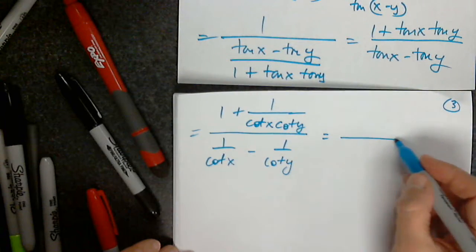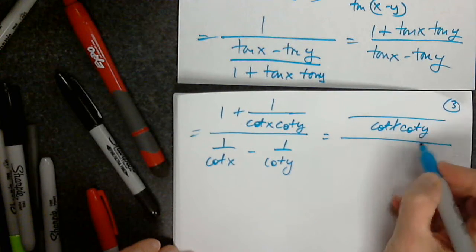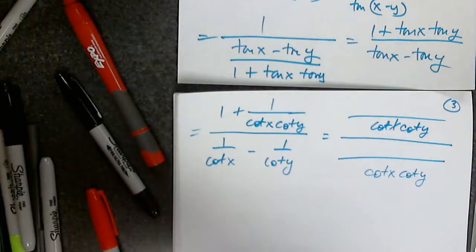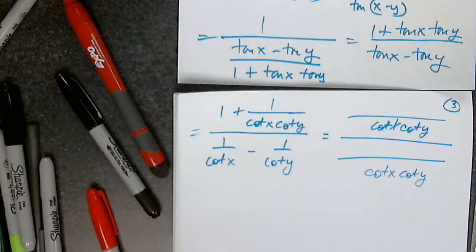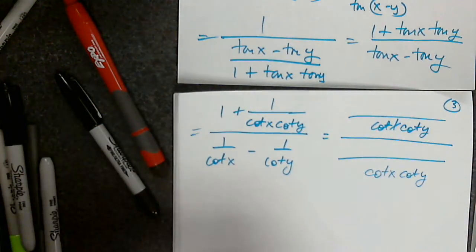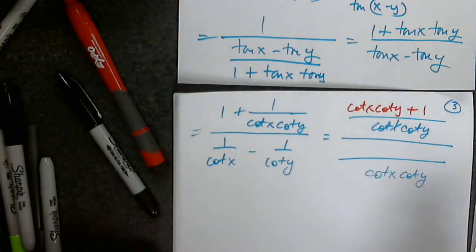Now we find the LCD at the top. And we find the LCD in the denominator. I multiply this by cotangent x cotangent y plus 1.